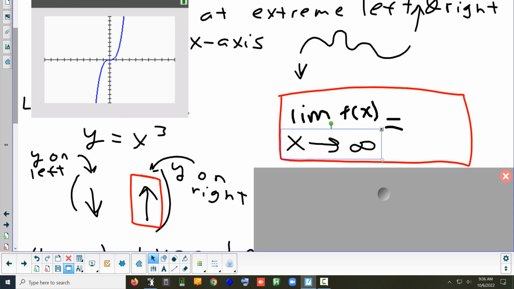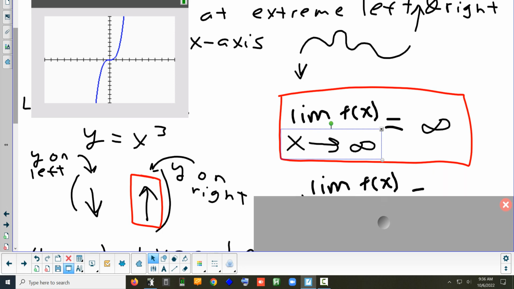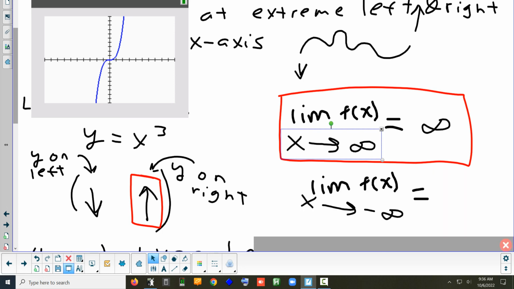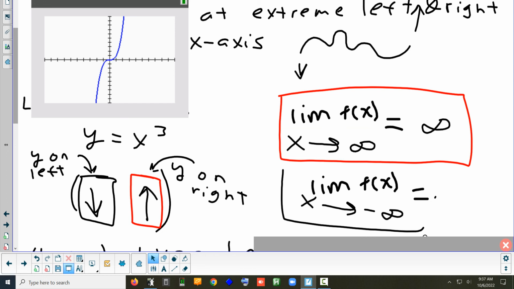It goes up, and what does it approach? It approaches infinity. So as you continue heading further and further to the right, the y value continues to go up and up and up. So that's infinity. This part is describing what we're going to write right here.